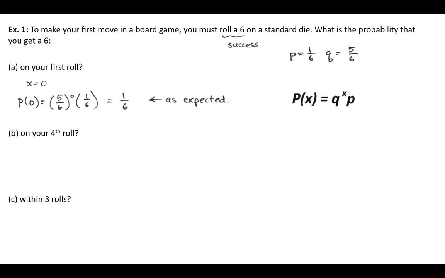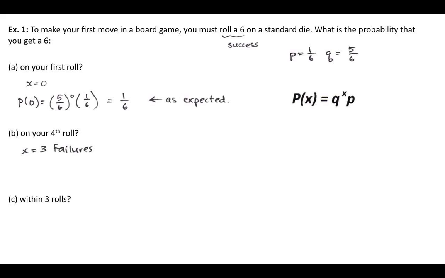What's the probability that you get a 6 on your 4th roll? So basically, you failed on the first three rolls, and then you get your 6. This is the trick: you're not finding P of 4, because the random variable x here is how many failures before you see success.